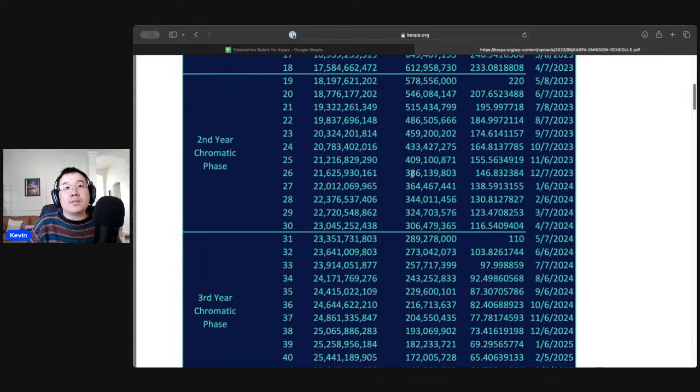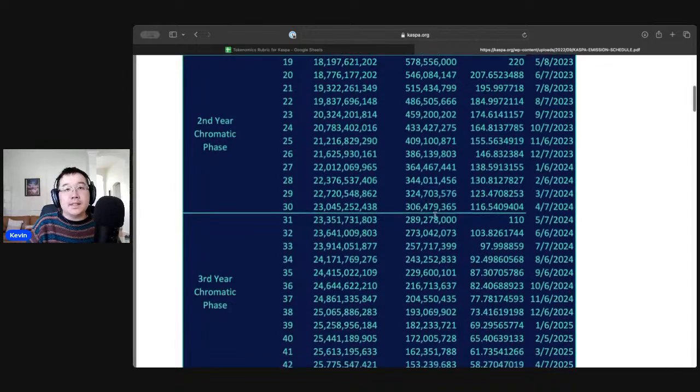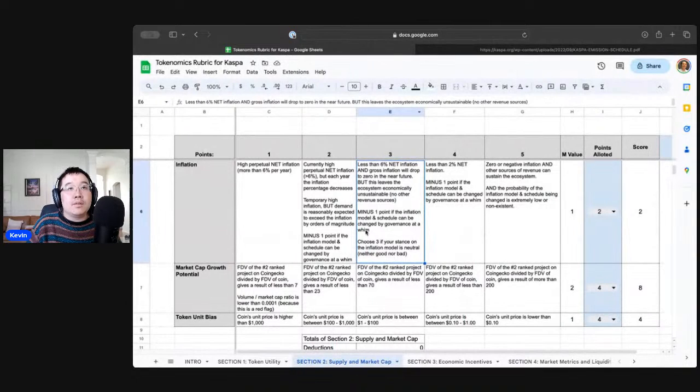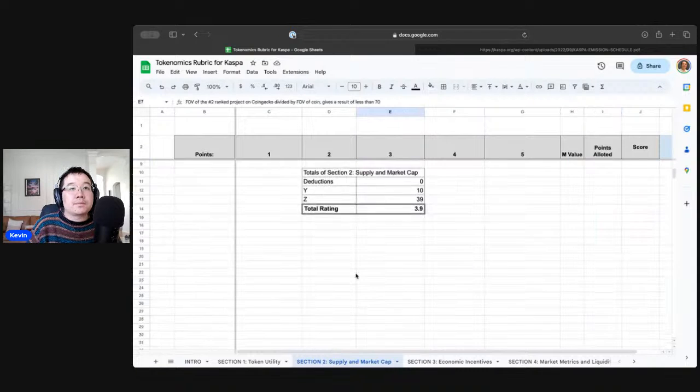Anyways, I did the math already, and I get an inflation rate of around 14%. Now, I know it gets less and less over time, but we're evaluating the current tokenomics of Kaspa, right? So I get around 14%, and that means currently high perpetual inflation, but each year the inflation percentage decreases. So that's right here, 2. Not so good for inflation.